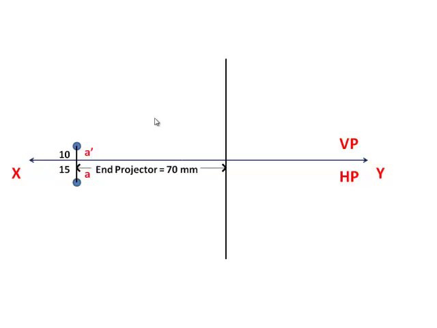Then next step, draw the end projector, a vertical line from A dash A. The horizontal distance is 70 mm. Is it clear? Did you complete up to this?